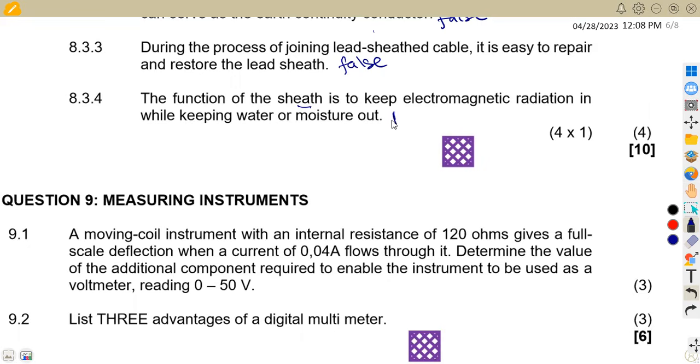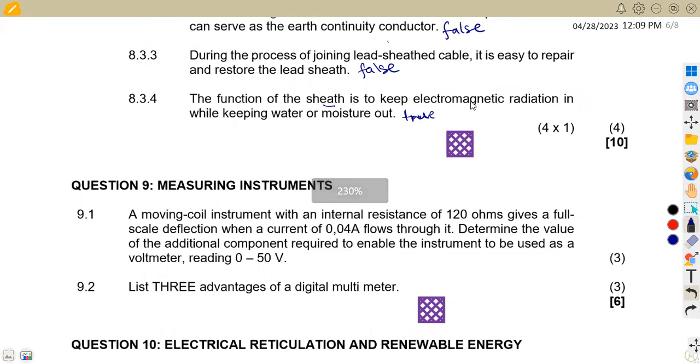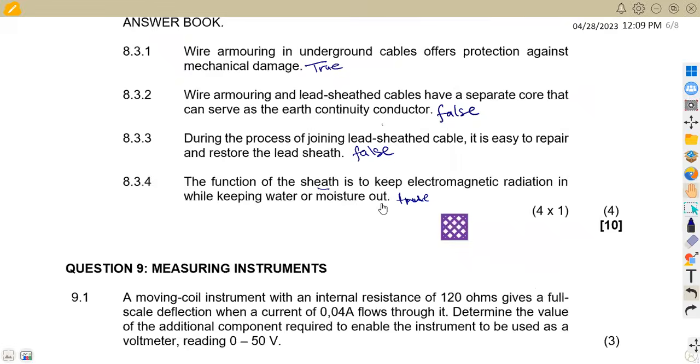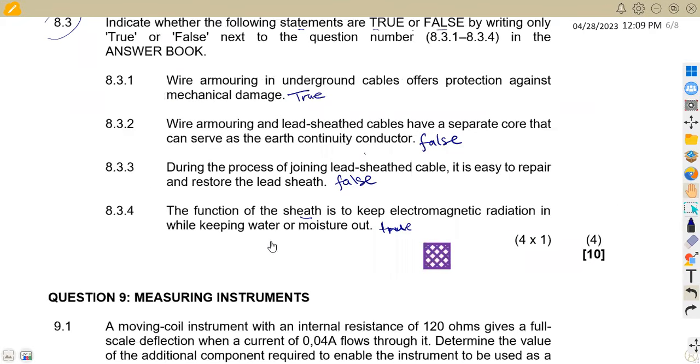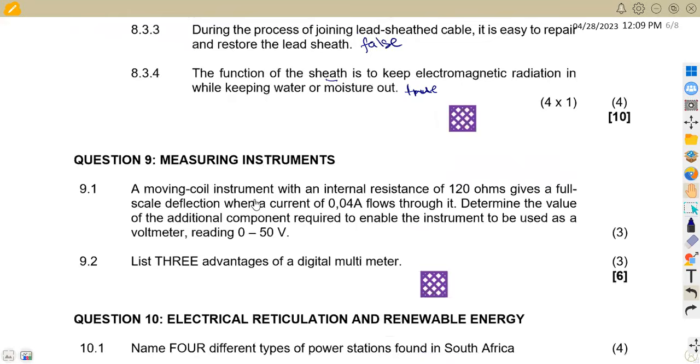Yes, this is actually true. That one was just theory, guys, just to test whether you understand your cables more deeply. That is what they were trying to ask in this part of the question, which is not that much.